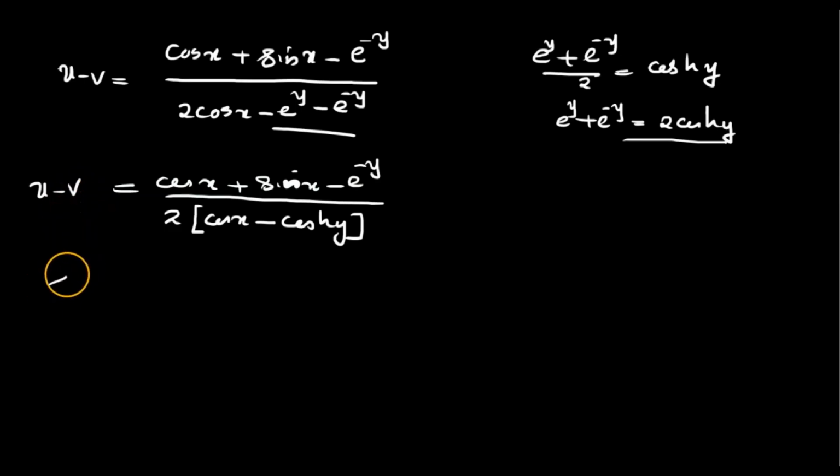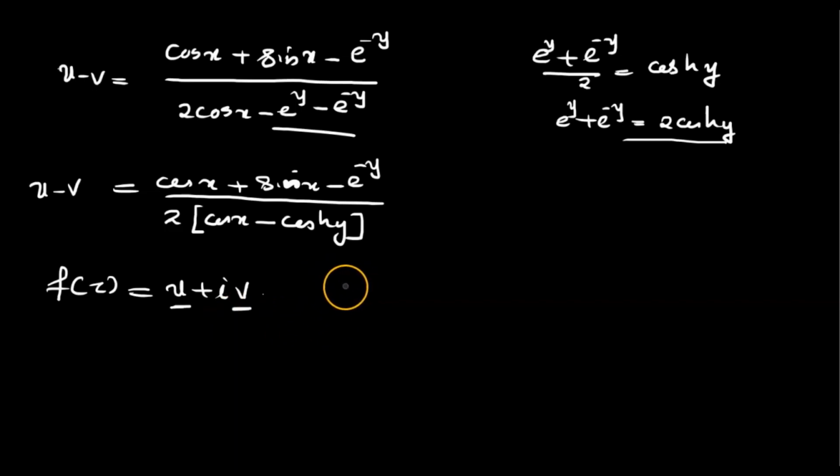So we need to find an analytic function f(z) equal to u plus iv, where u is the real part and v is the imaginary part.